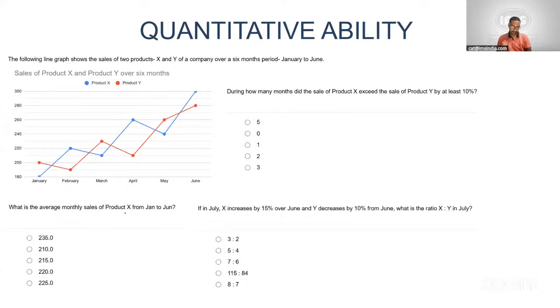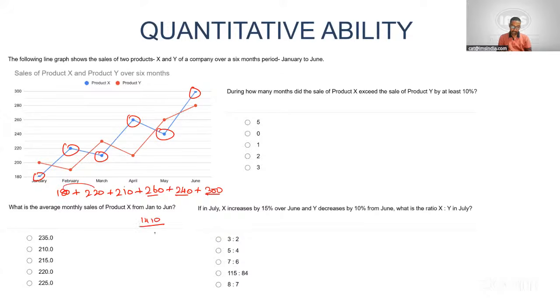Now, the average sales of X from January to June, X is in blue. So 180, 220, 210, 260, 240, and then 300. 260, 240, 300 is 800, plus 180, 220, 210 is 610, which gives 1410.